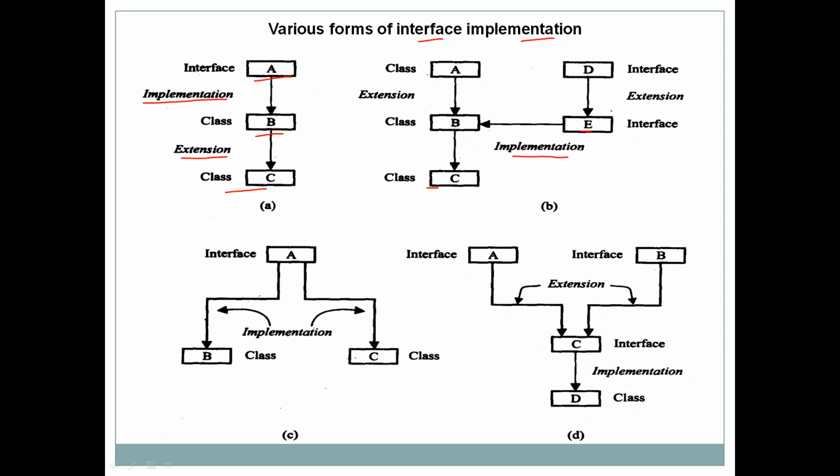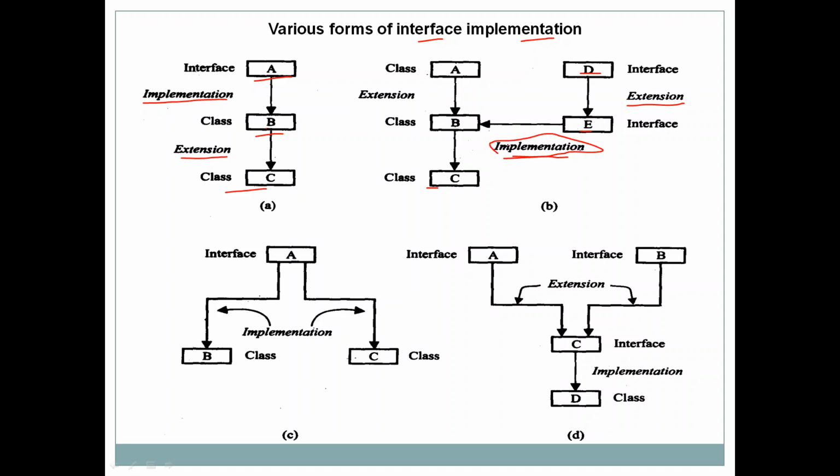E, in turn, inherits from one more interface, D. Again, inheritance from interface to interface is called extension. Remember, inheritance from class to class is called extension, and inheritance from interface to interface is also called extension. But inheritance from a class to an interface is called implementation.